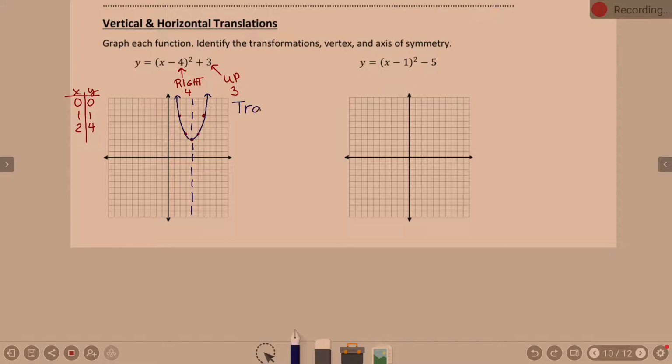With this graph, we translated, using that vocabulary word again, right 4 and up 3 units.